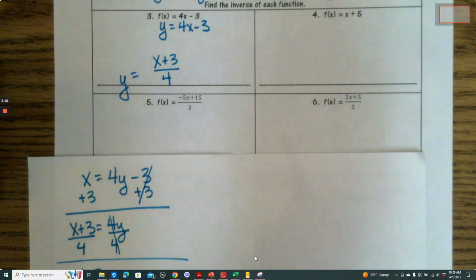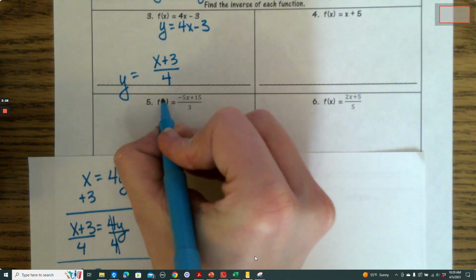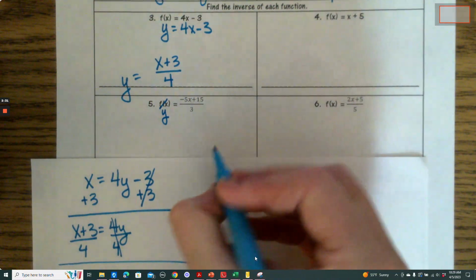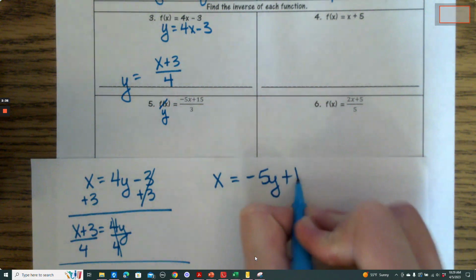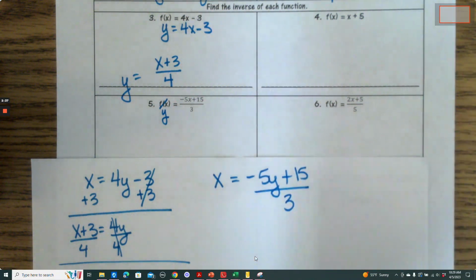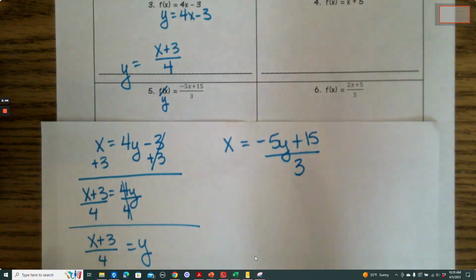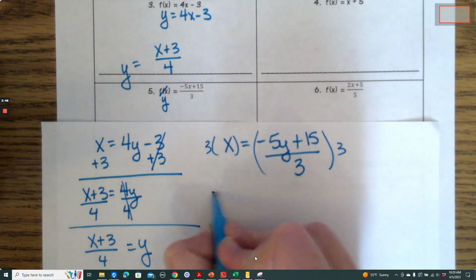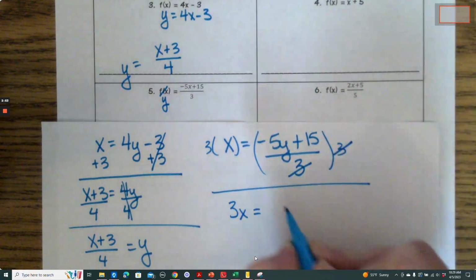Okay, number 5. So this time it starts as a fraction. So again, just flip out that f of x, change it into a y. And then flip the x and the y pieces. They just change places. All right, on this one, what's the first thing that I need to do? Multiply everything by 3. So I've got 3x over here, and then these will cancel out.